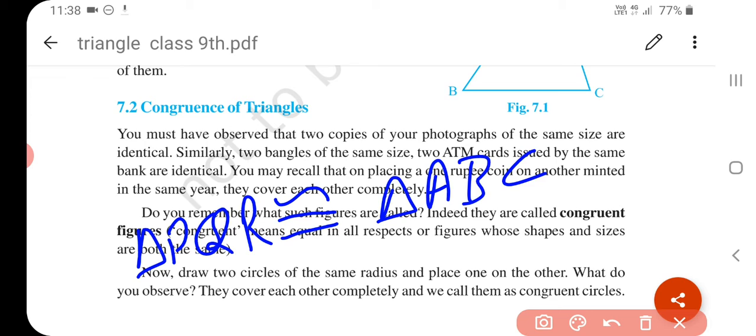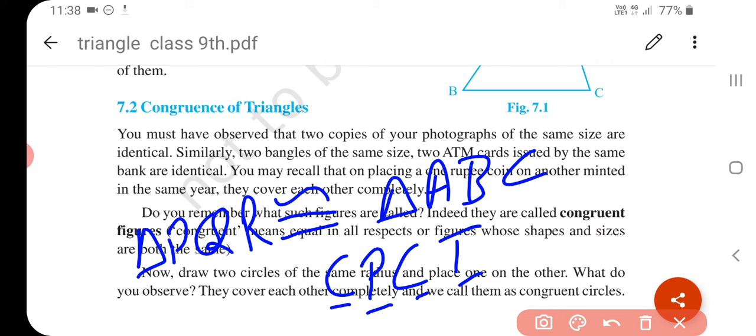If two triangles are congruent, then in congruent triangles corresponding parts are equal, and we write it in short as CPCT, meaning corresponding parts of congruent triangles.